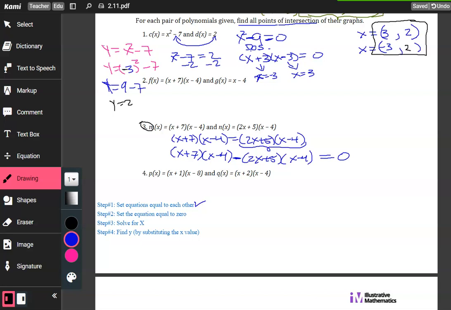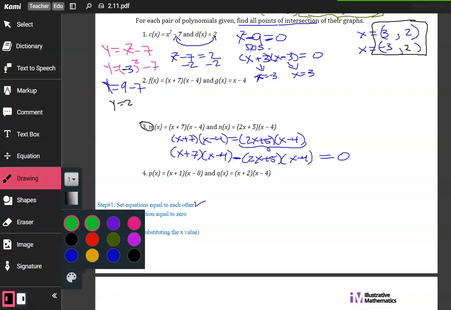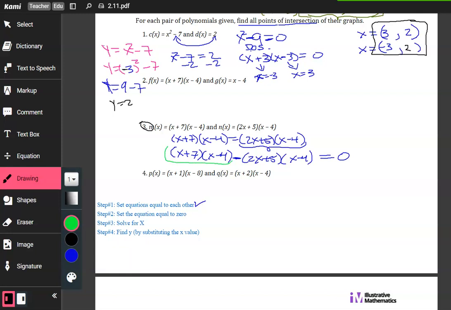Now, if I'm looking for a GCF, none of the parentheses have anything in common. So you will need to multiply here. So take these 2 parentheses.